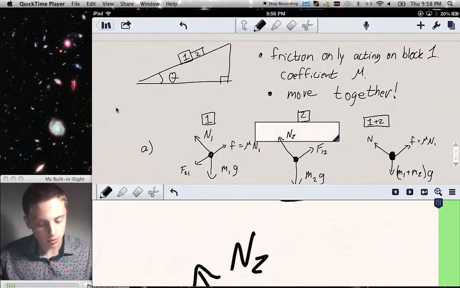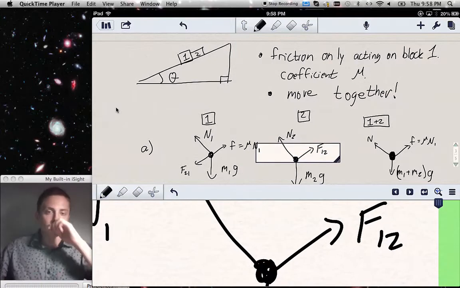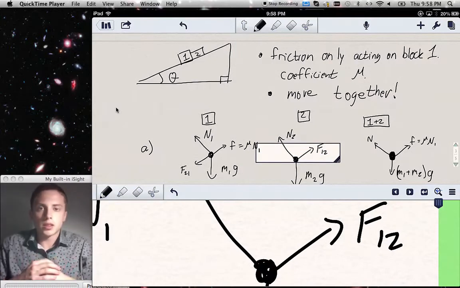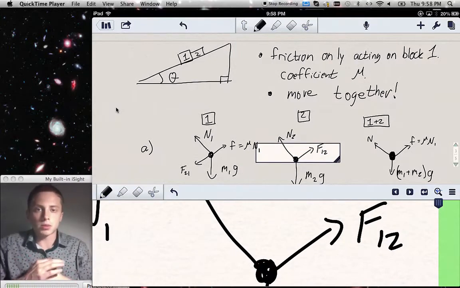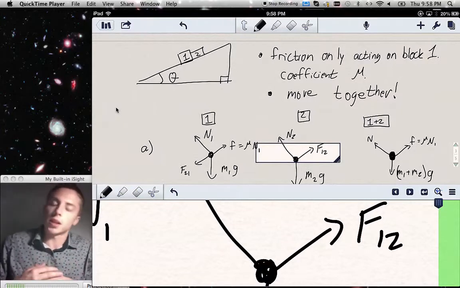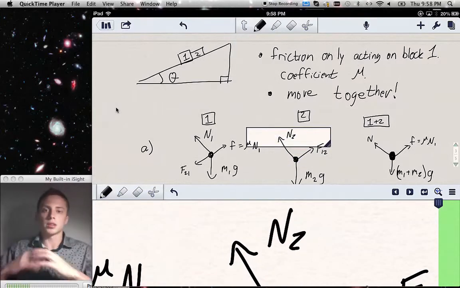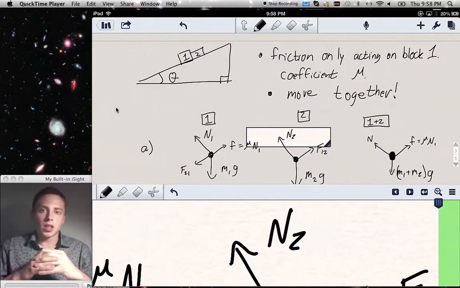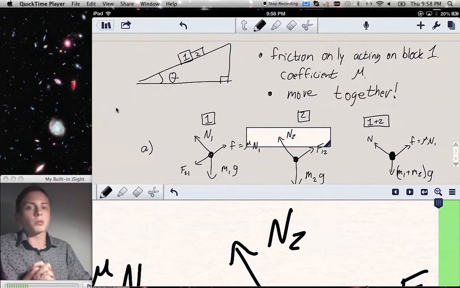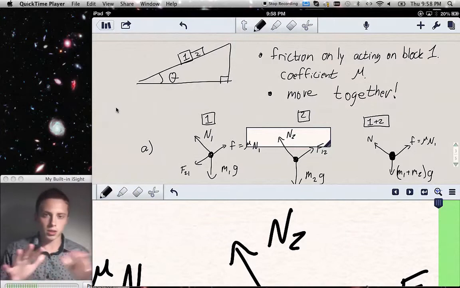Okay, block 2. We have the same surface in contact with block 2 as block 1, which is the ramp, and now block 1 is also in contact with block 2. From the ramp, we have the normal force N2, right? But there is no friction on block 2, so we have no force component parallel to the ramp.